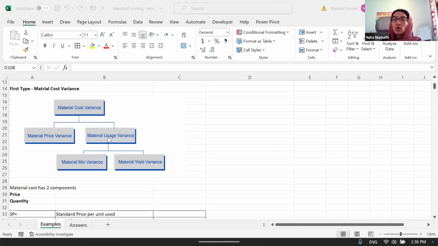SQ is standard output or standard quantity for actual output. How about the others? What is usage variance, everybody? What are the two components we are checking in usage variance? Perfect. SQ minus AQ at standard price.